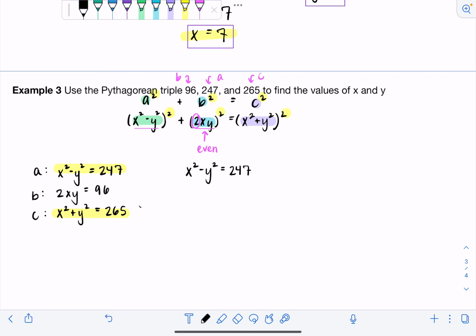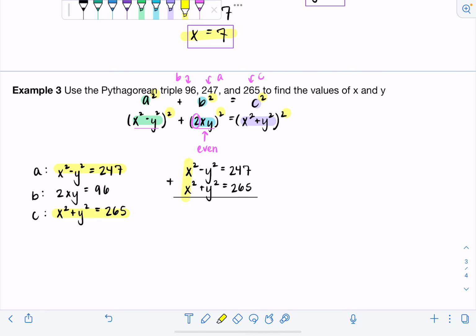And then what was my third equation? So x squared plus y squared equals 265. And then for elimination, that's when we either add or subtract the two equations. So since these y's have opposite signs but the same coefficient, one is positive one, one is negative one, we can add the equations together. And then we just go left to right.